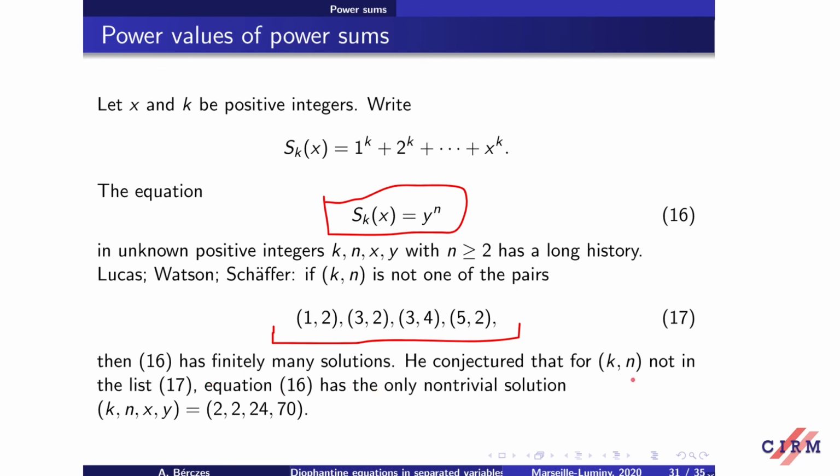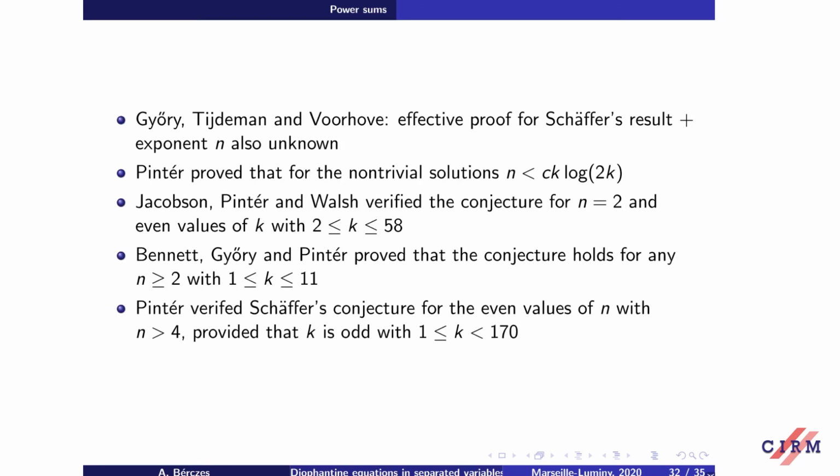He also conjectured that if (k, n) is not one of these pairs, then the only non-trivial solution is given by x = 2, k = 2, and x = 24, y = 70. Many results concerning this equation have been established during the last few decades.